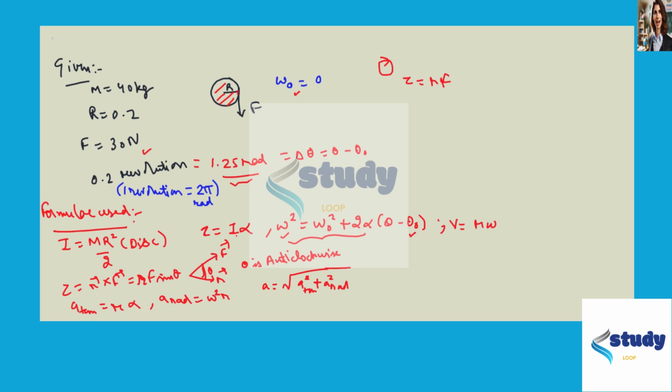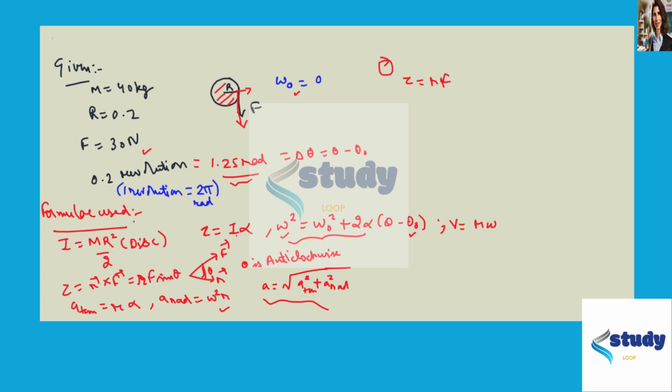Tangential acceleration is along the force, which produces the angular acceleration, and the other acceleration is directed away from the radius, which is omega square r. Both are perpendicular to each other, so the magnitude equals the square root of a tangential square plus a radial square. This gives us the resultant acceleration of the disk.